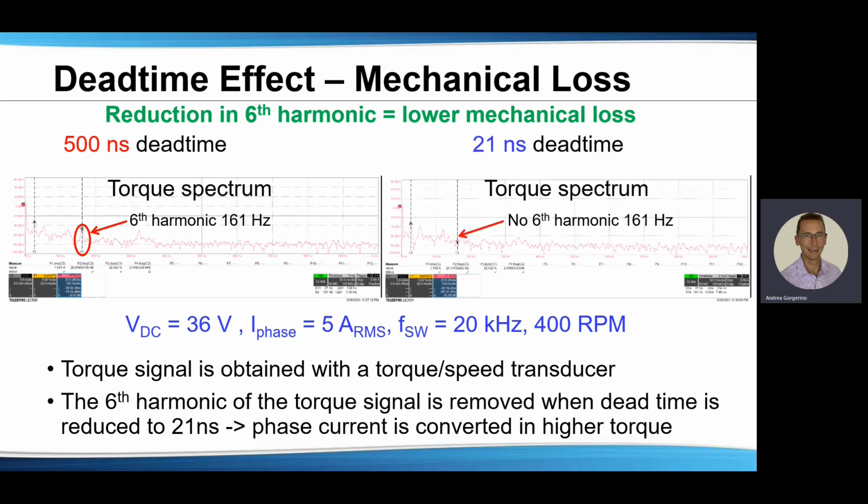On the right-hand waveform, which is for the 21 nanosecond dead time, this 6th harmonic is clearly absent. This means that the phase current on the right gets converted into higher torque for the motor by removing the inefficient effect of the torque harmonics, which do not create any effective work. And this reduces mechanical losses.